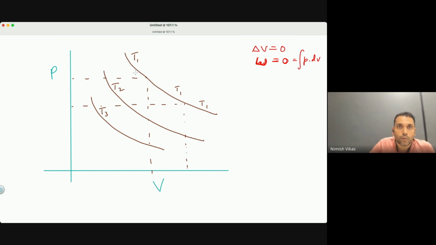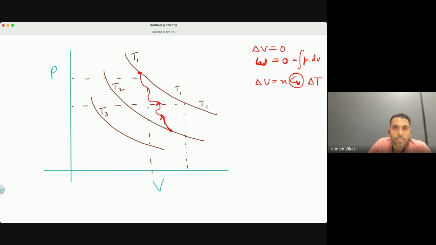So I'll show you why the change of internal energy formula was nCV delta T. Why not some other constant, but CV? I'm going from a lower to a higher temperature, like this, from here to there.